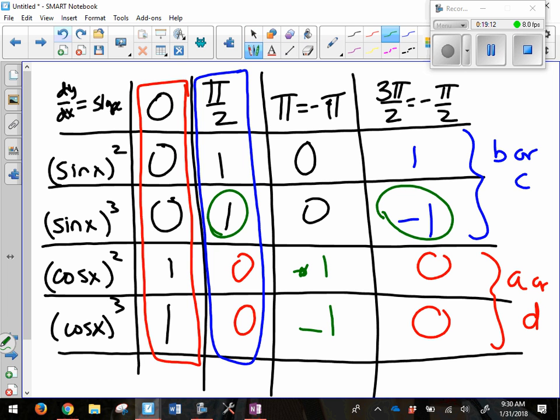Okay, so we want to say that sine x quantity cubed is C. So let's just check here for a minute. If we look at sine squared x, we should have positive slopes on both sides of the origin. Is that what we've got for B?